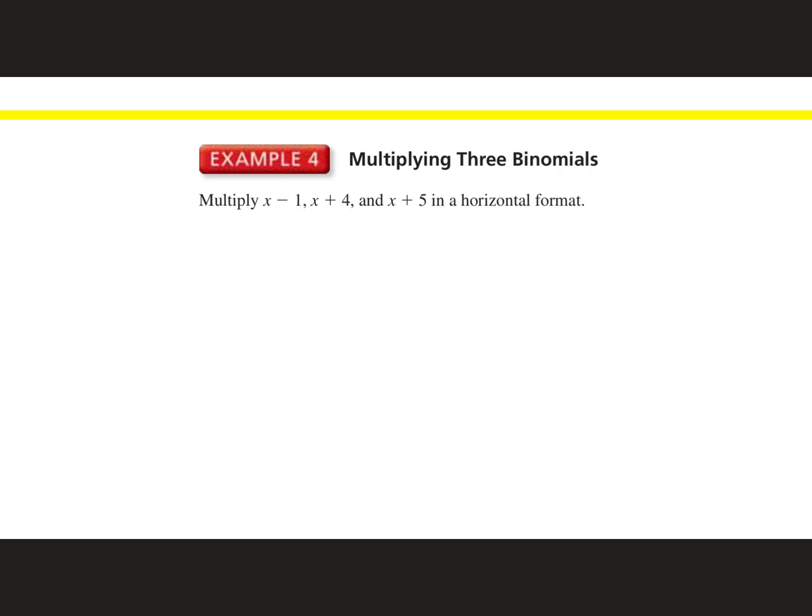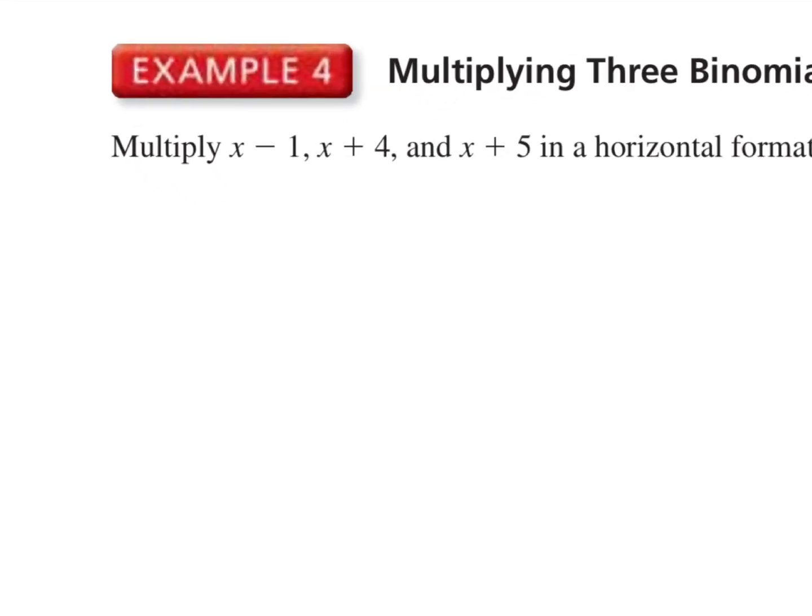All right, in example 4, we're multiplying 3 binomials together. So my first one is x minus 1, then I have x plus 4, and x plus 5. How do I multiply 3 binomials together? Perfect. We multiply the first two together, we get the answer, and then we multiply the third.